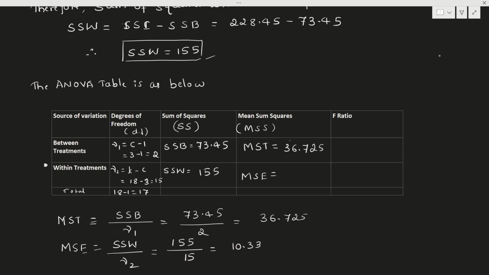So the F ratio is 36.725 divided by 10.33. Therefore, F is equal to 3.55.